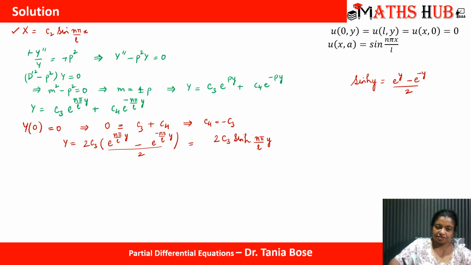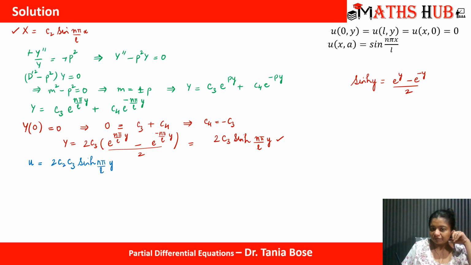So x is this value and y is this value. So from here we can frame the value of u. U turns out to be 2C2 into C3 sine hyperbolic n pi by L into y, right?